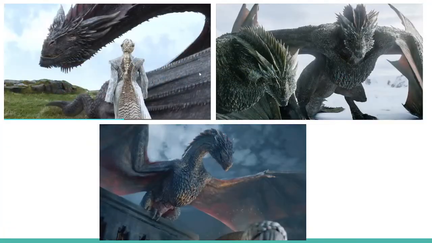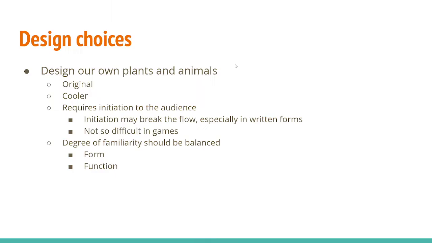Okay. So, the third choice that we can make is we can design our own plants and animals, completely new, original designs. Now, the thing is that they are original and they look cool. Oh, we have designed completely new things. But the problem that we may face here is that it requires initiation to the audience.